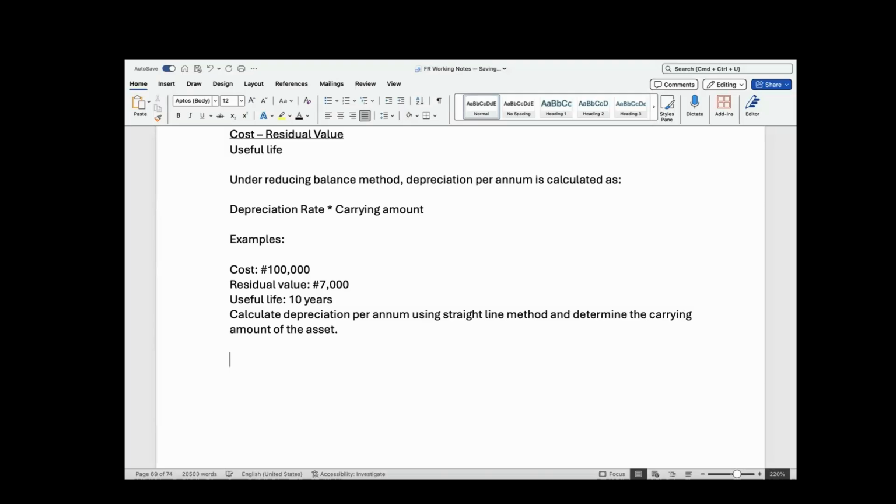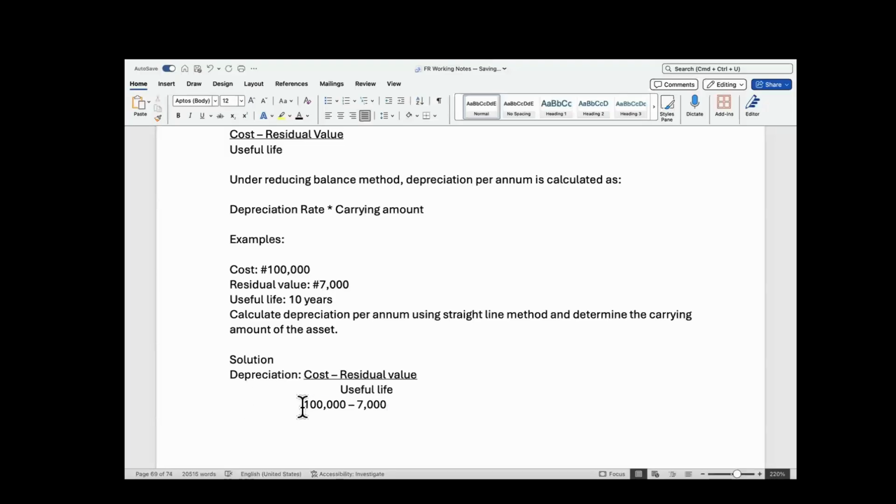You know that to solve this, your depreciation amount using the straight line method is cost minus residual value, divided by the useful life of the asset. The cost is 100,000.